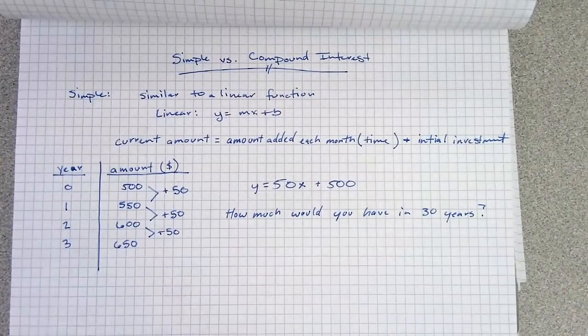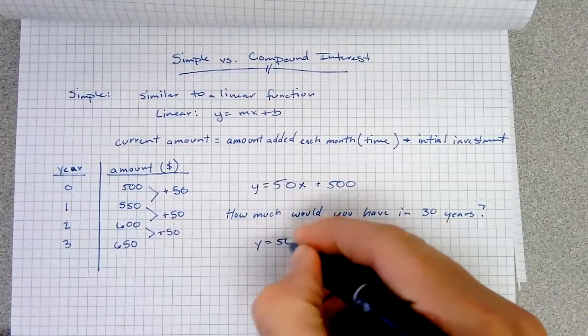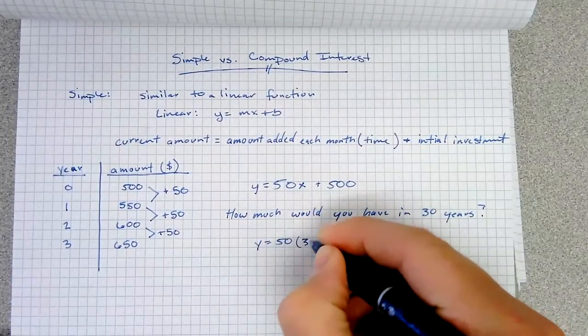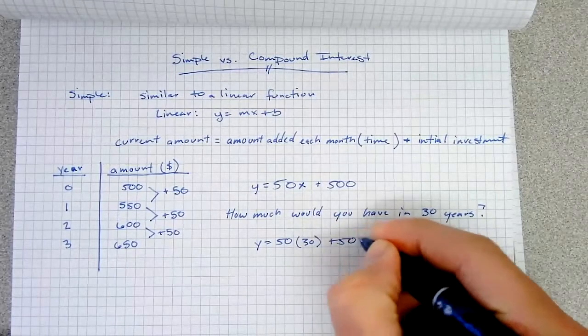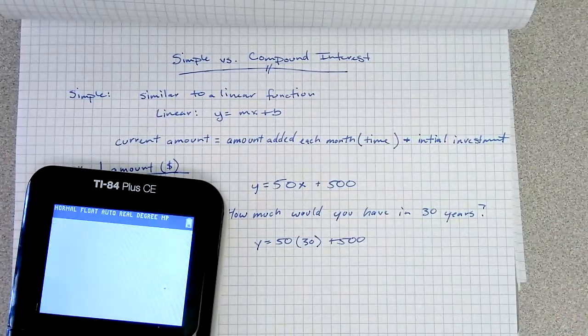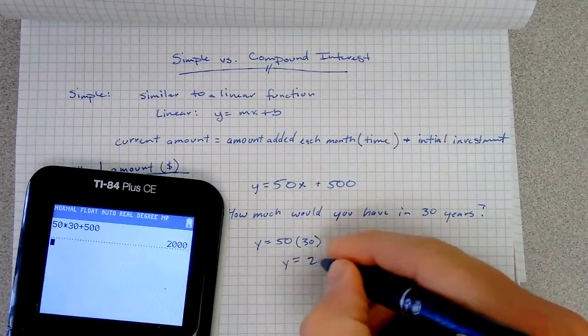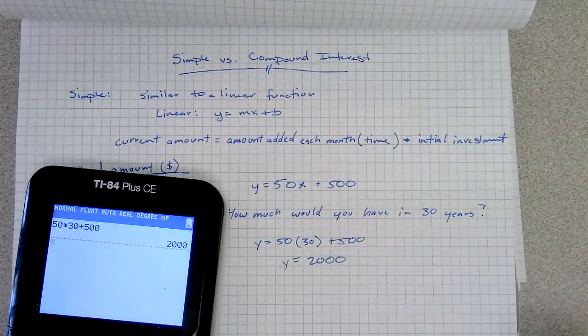I picked 30 because it's kind of long and that would take a while to figure out. Or we can plug in 30 for x. So we get 50 times 30 plus 500. So in 30 years, we'd have $2,000.